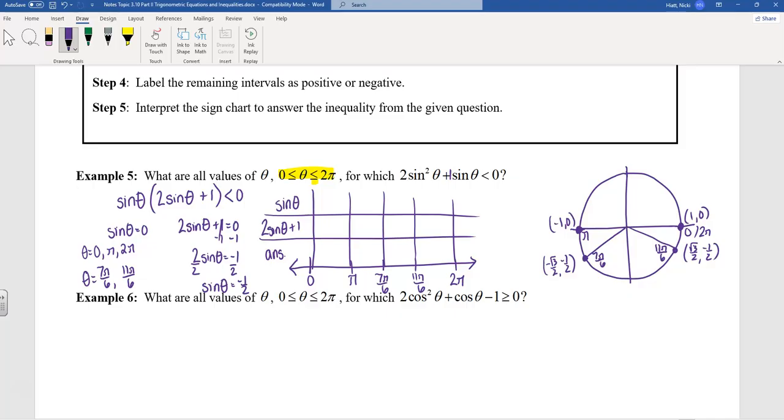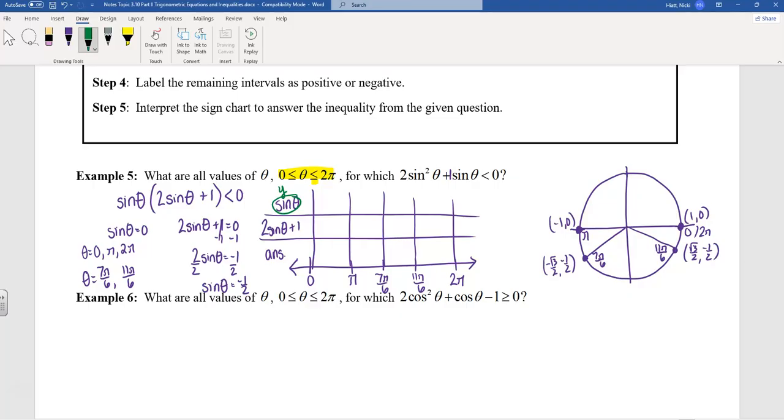So to me it is so helpful to think about the unit circle for this. Okay, so sine is your y coordinate, right? So if you're looking at the unit circle, this sine right here is your y coordinate.